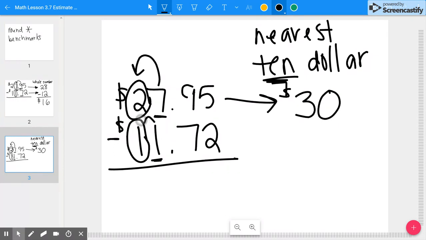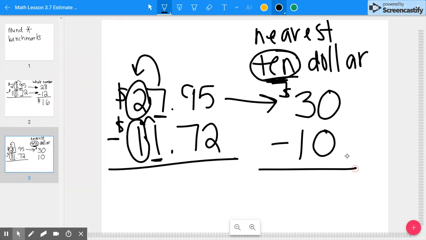Well, this 1 is telling me that I'm going to just keep the number that's circled the same. So I'm going to keep that 1 there because the 1 that's underlined is less than 5. Remember, 4, 3, 2, 1, or 0 tells me I'm keeping the number that's circled the same. I'm not touching it. So now, because I'm being asked to round to the nearest $10, I'm going to turn the number that was underlined into a 0. And then I'm going to subtract.